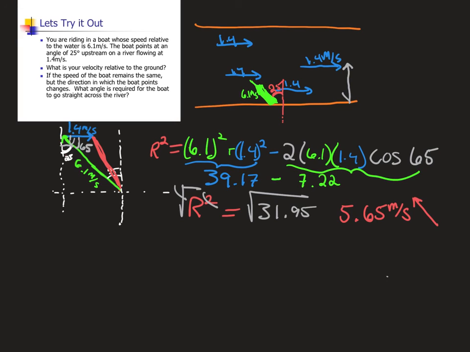We know part of our triangle is going to be the 1.4 meters per second. We also know that the other part is going to be our 6.1. Now, cover that.